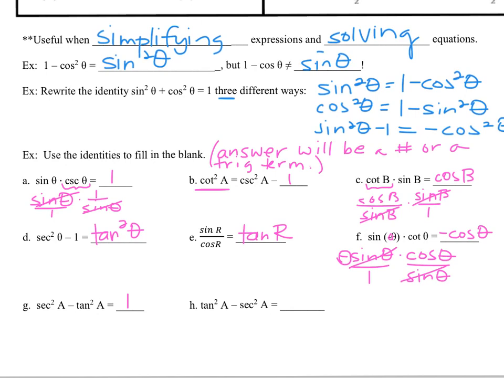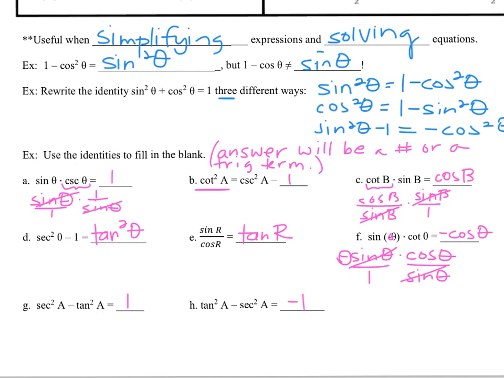But watch what happens if I flip the order. Tangent squared A minus secant squared A. If I move secant to the left with tangent, that means we have to move the 1 to the right. And if we move 1 over to the right, we have to do that by subtracting, which makes tan squared A minus secant squared A equal to negative 1.